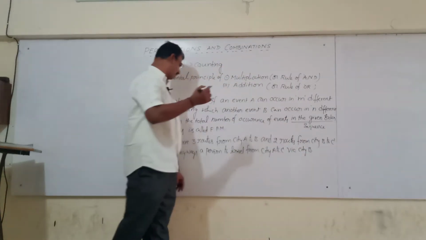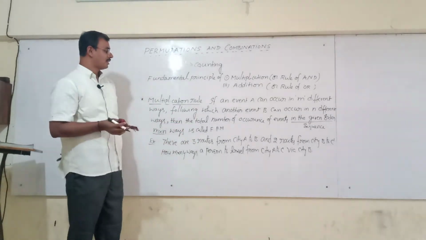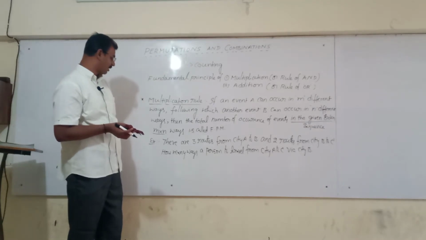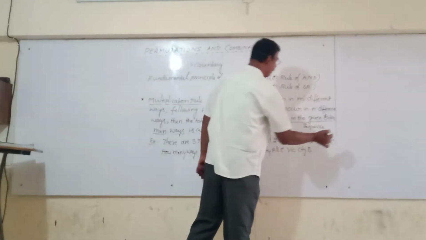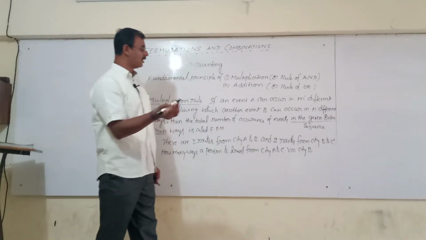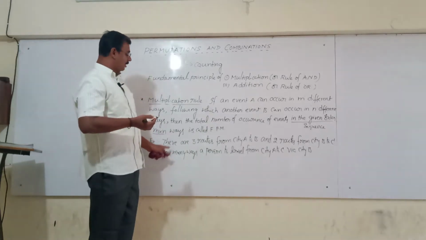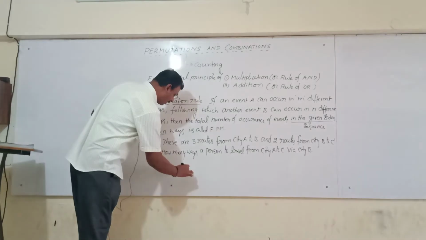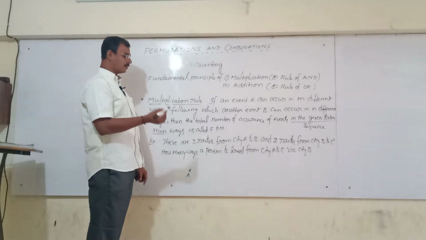So this is our question. There are 3 routes from city A to city B and 2 routes from city B to city C. The question is, how many ways can a person travel from city A to city C via city B? Let us take this as city A, and model it like this.